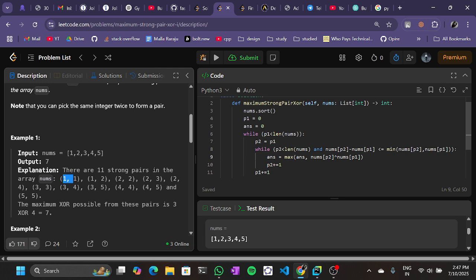If you see, 1 1, 2 2, 3 3, 4 4 and 5 5 are always valid. Actually, we don't even need to check this case, which will reduce time even further. Since we already initiated the answer with 0, the XOR operation on the same values will always be 0.